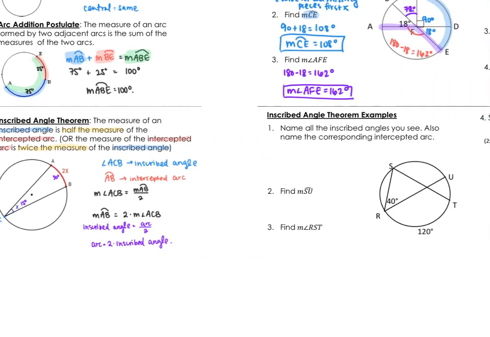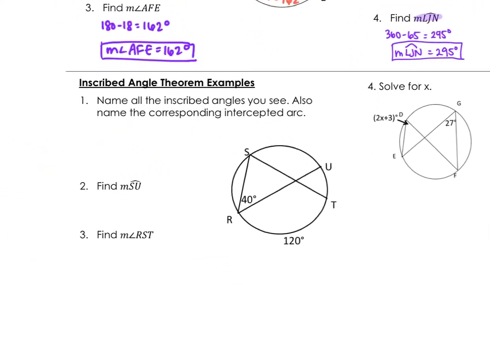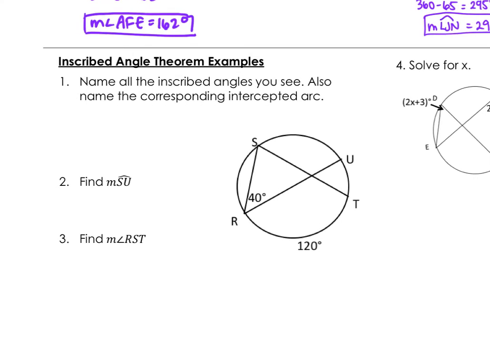Okay, so let's look at a couple examples here. In looking at this picture, let's look at the inscribed angles. The first inscribed angle I see is SRU. So that's an inscribed angle.